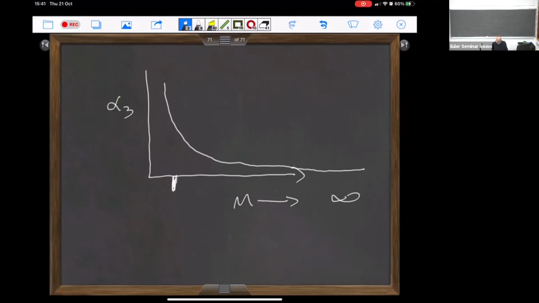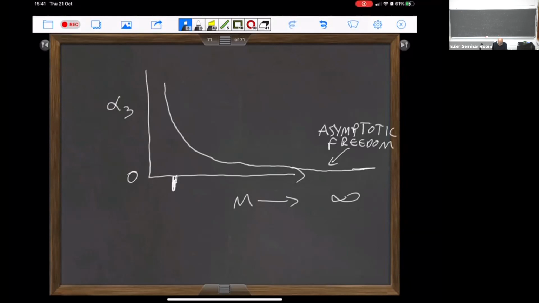So at very high energies, alpha goes to 0. And this is called asymptotic freedom. Gross and Wilczek and Politzer got the Nobel Prize for this calculation some years ago.